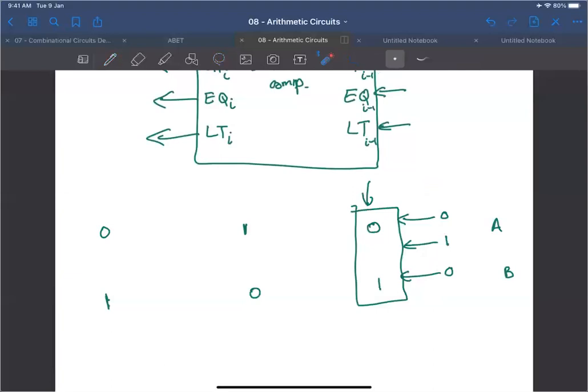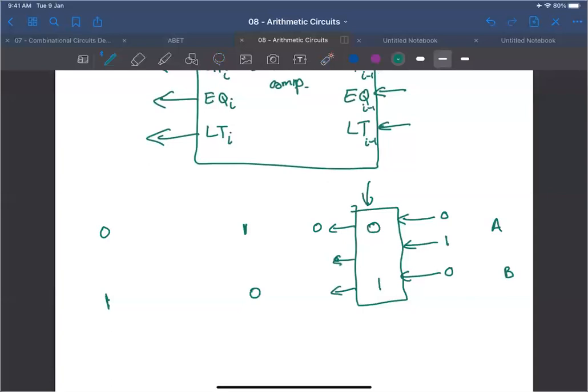So who can tell me what is the output of this comparison and why? This comparison is going to produce 0, 0, 1, because A is less than B.